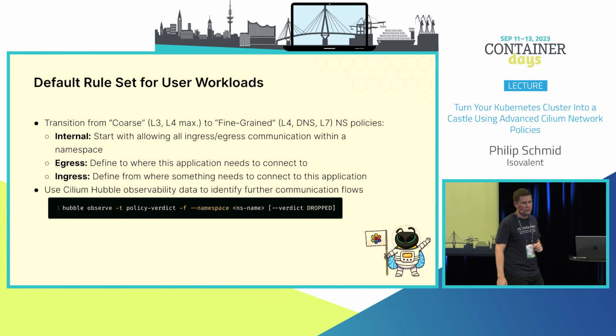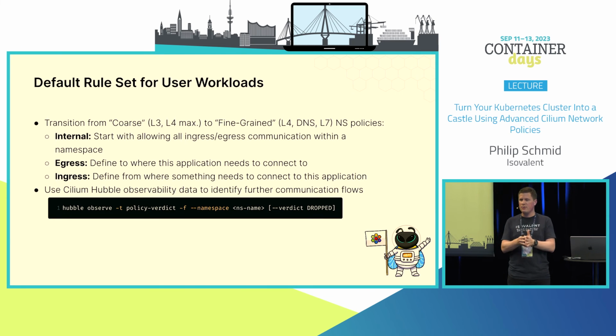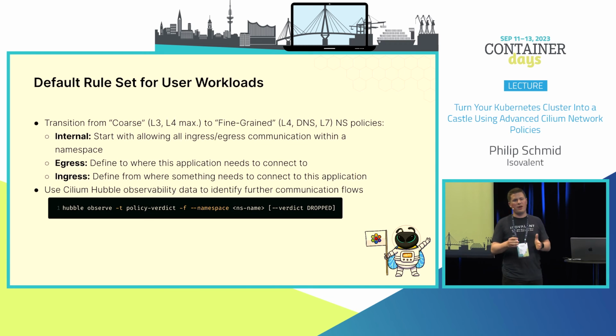And with Hubble Observe, you're basically seeing any communication that is happening within this namespace or in general within the whole cluster, because you have a --namespace flag to limit the seen flows only to the namespace name, but you have various other filtering options there, so it's a pretty powerful CLI tool.